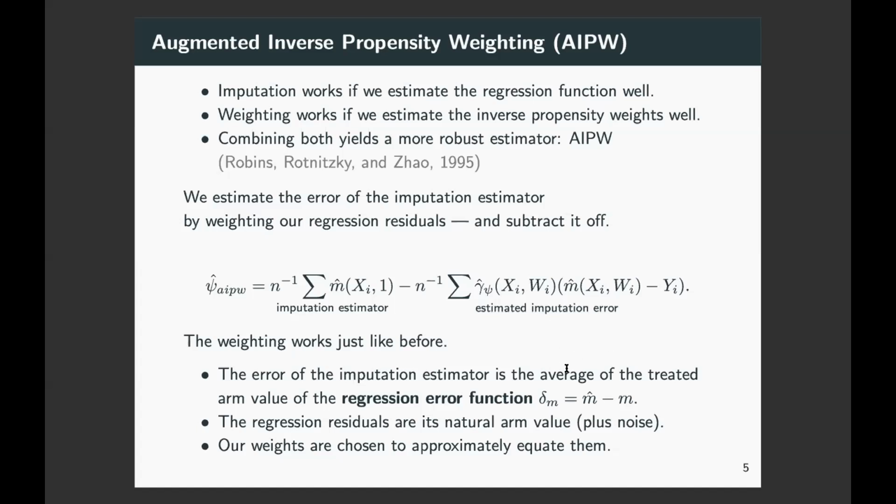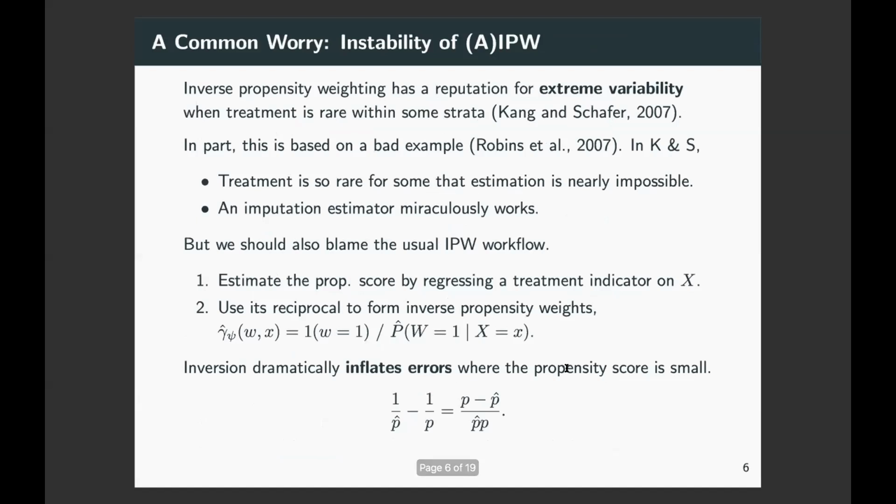A common worry with procedures like this is instability. Inverse probability weighting has a reputation for extreme variability, in particular when overlap is low, meaning that there are some units for which treatment is extremely rare. A lot of people talk about a famous simulation study of Kang and Schafer in this context.